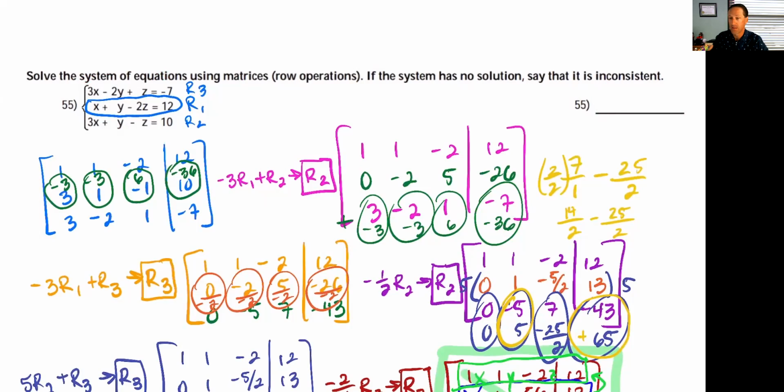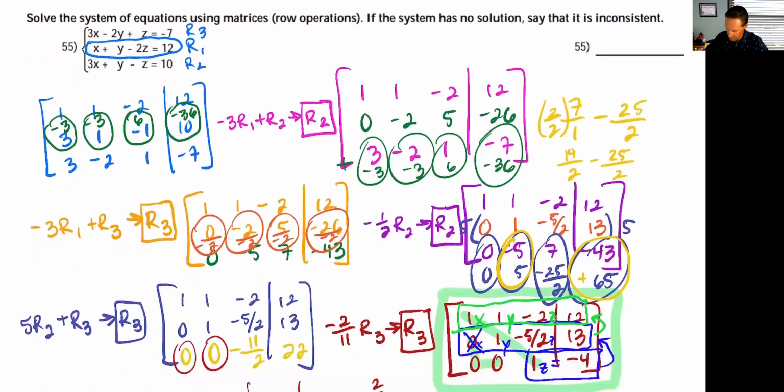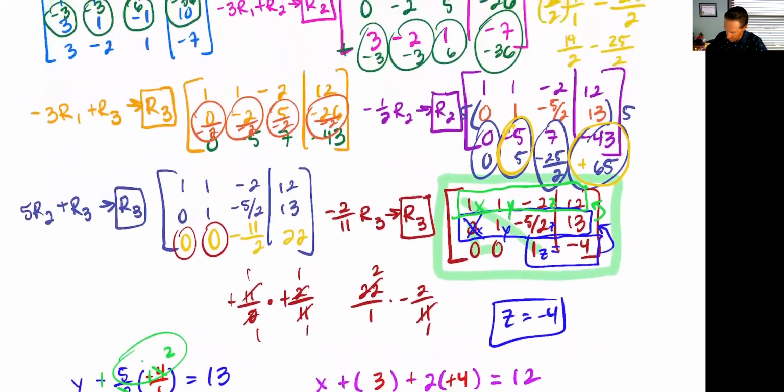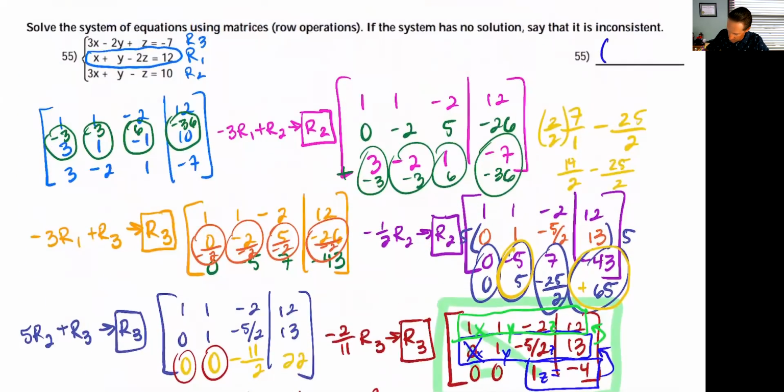And remember, we put it not in the order that we found it, but in the order of the alphabet, x, comma, y, comma, z. All right, so be careful with that. We found x was 1, y was 3, and z was -4. So we will put 1, 3, -4 in parentheses for our ordered triple.